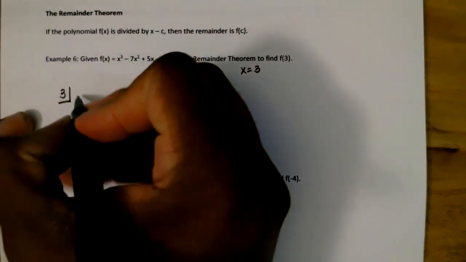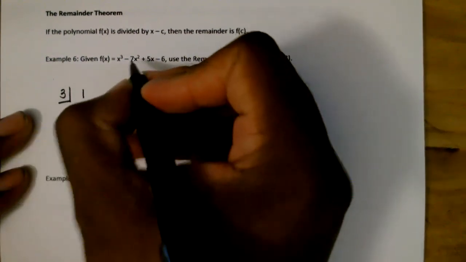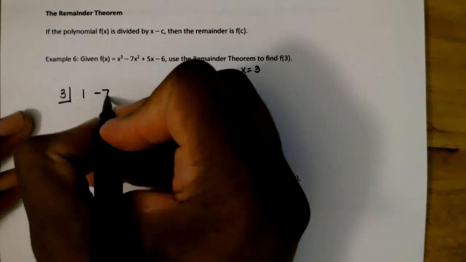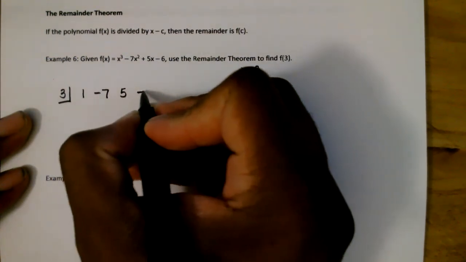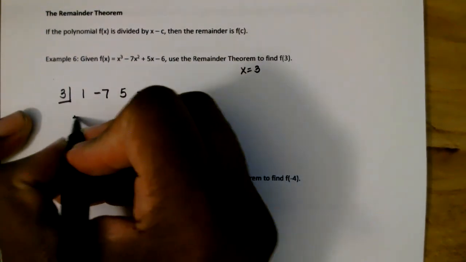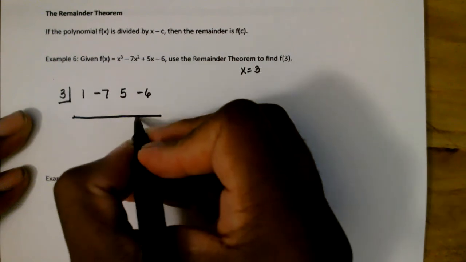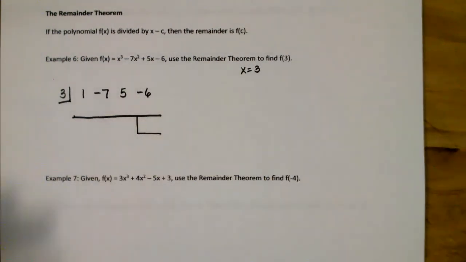That x cubed has a coefficient of 1. The x squared has a coefficient of -7. The x has a coefficient of 5, and the constant term is -6. And I'm drawing the box to separate the quotient from the remainder.